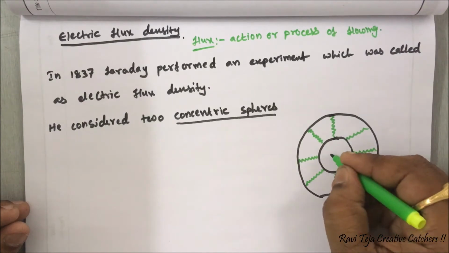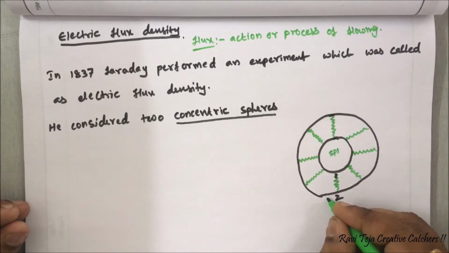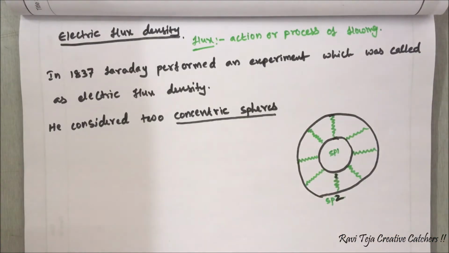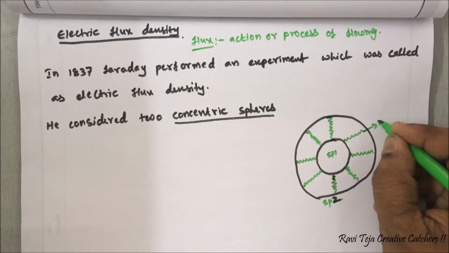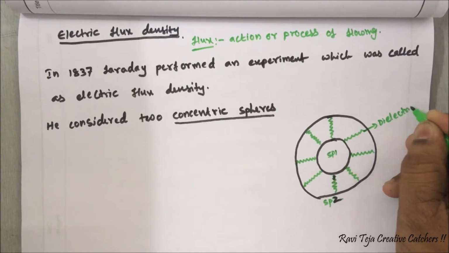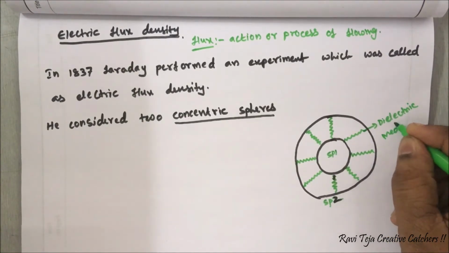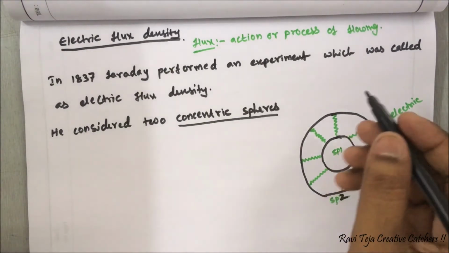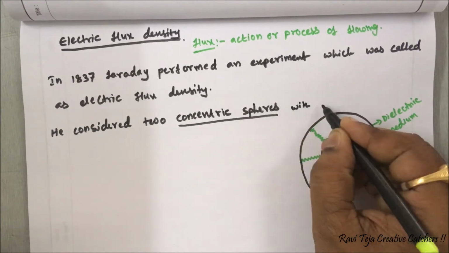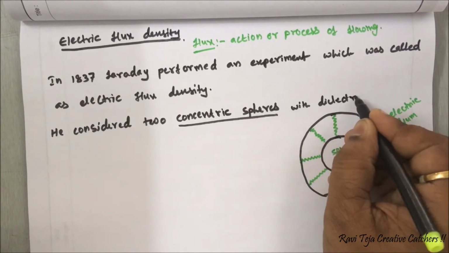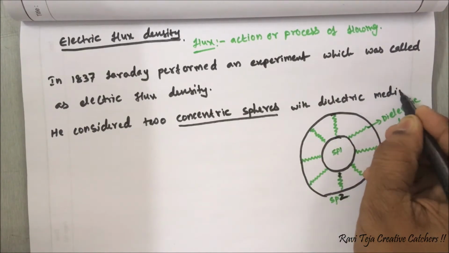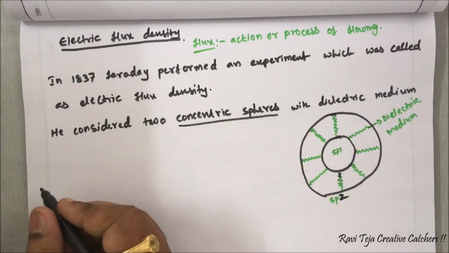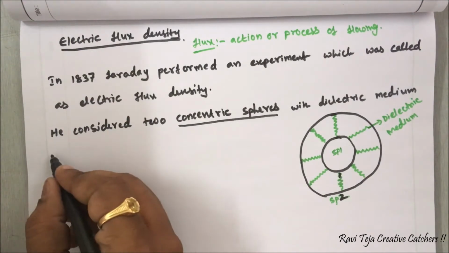This is sphere 1 and this is sphere 2, and this is the dielectric medium in between sphere 1 as well as sphere 2. So he considered two concentric spheres with a dielectric medium, that means he provided insulation between the two spheres.